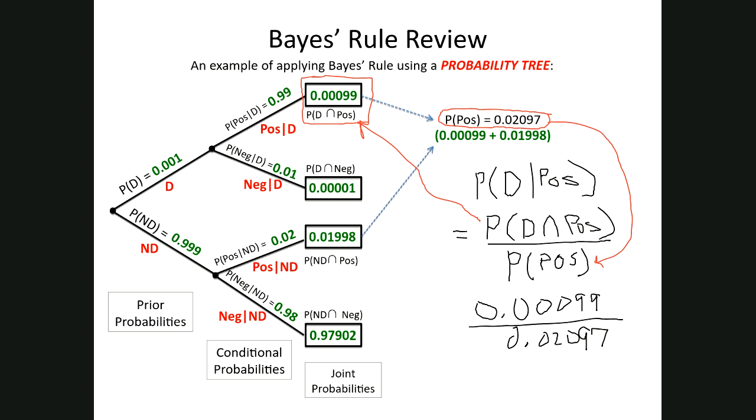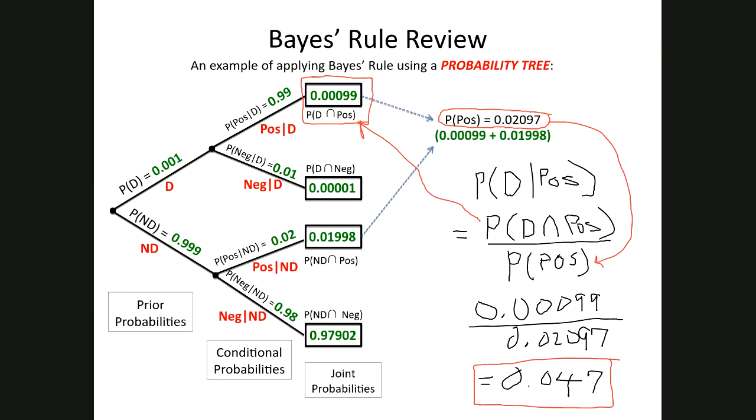And when we do that calculation, you'll find out this is 0.047. So the answer to our question is that even if there's a positive test, there's only about a 5% chance that the person has the disease, and so that may not be particularly helpful.